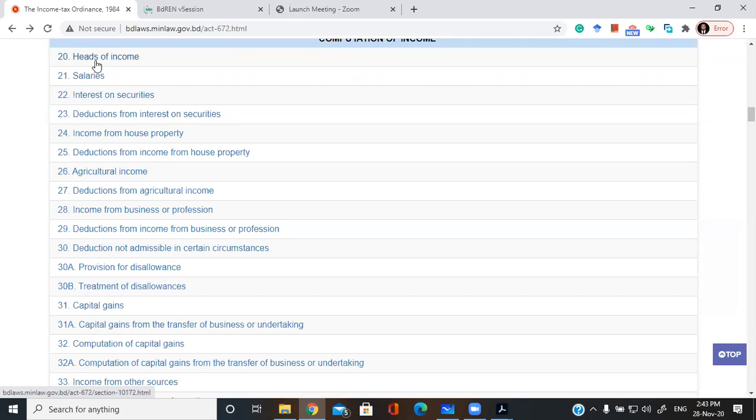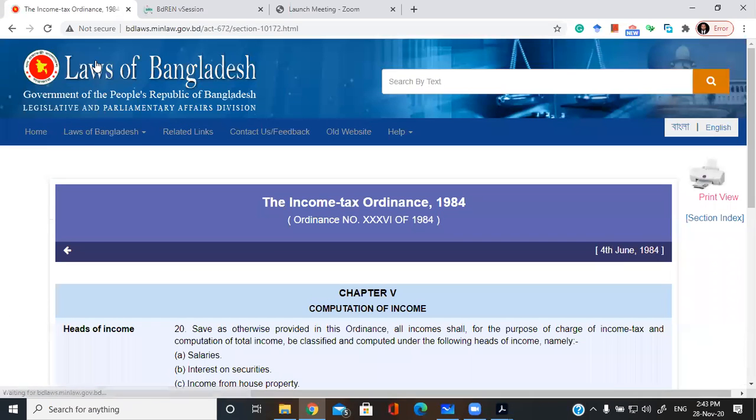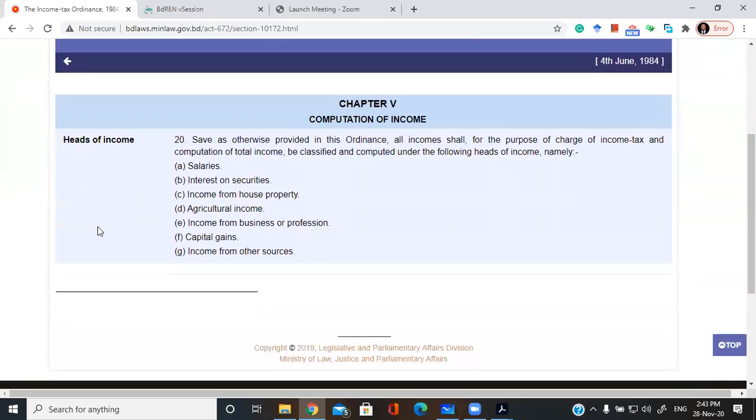If you look at the heads of income, I can't recall whether I have mentioned it to you earlier, that these are known as head of income or income heading in our income tax area, that people have income from these common sources. And almost all people's income can be classified into these 7 headings.